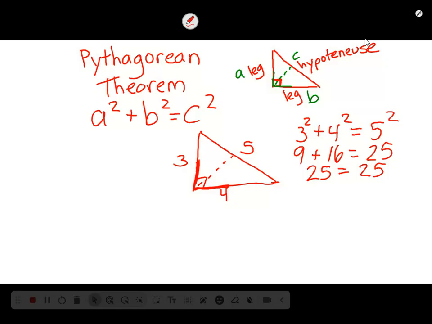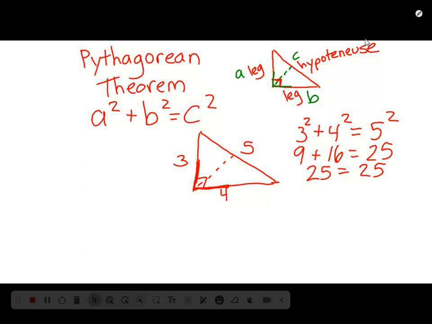Okay, this is just showing you that the Pythagorean theorem really truly works. All right, A squared plus B squared will always equal C squared. But how do we use that to find a missing side? This one, we knew all 3 sides.